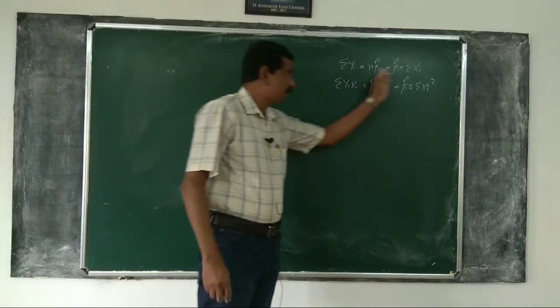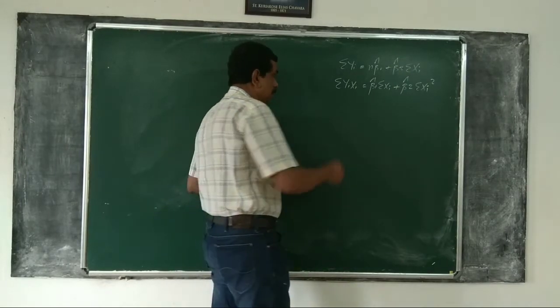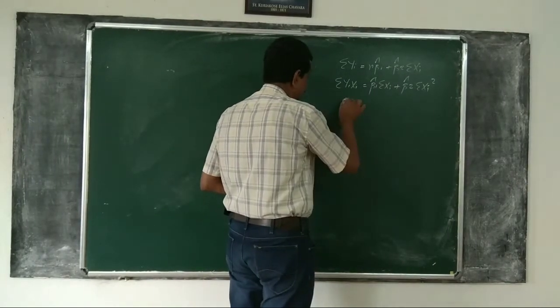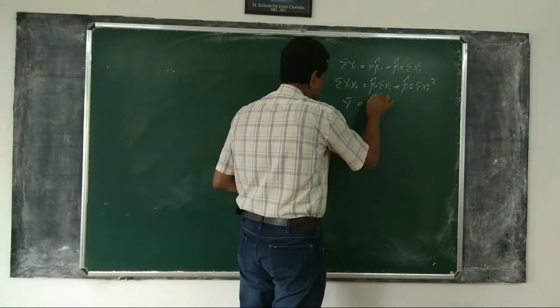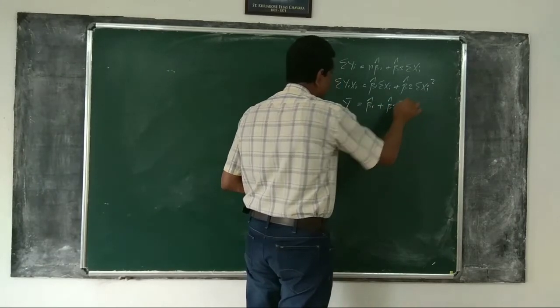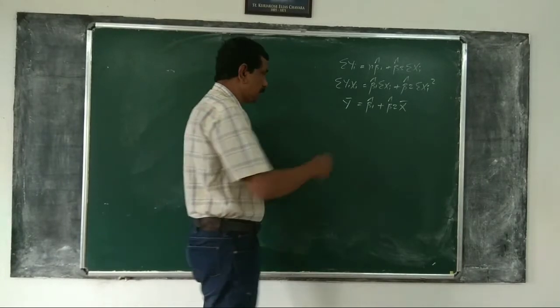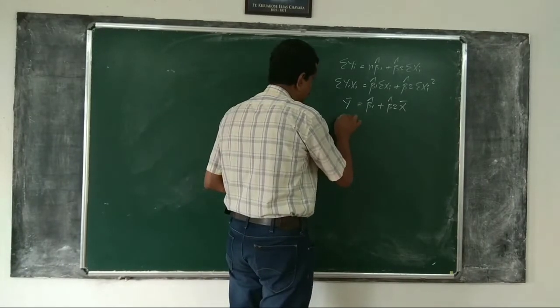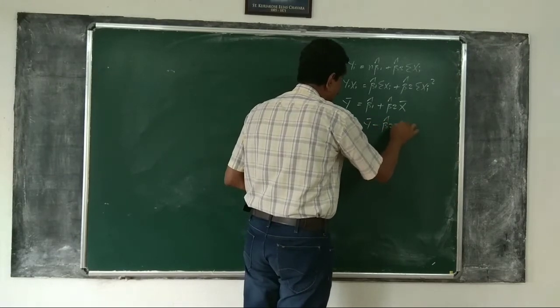Dividing the first normal equation throughout by n, we write it as y bar equals beta 1 hat plus beta 2 hat x bar. And as we have written earlier, beta 1 hat is equal to y bar minus beta 2 hat x bar.